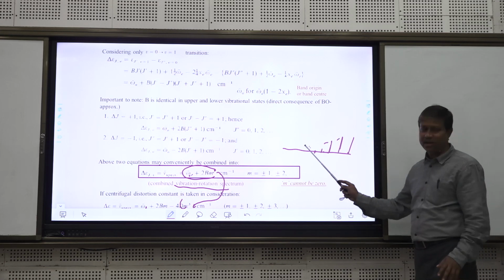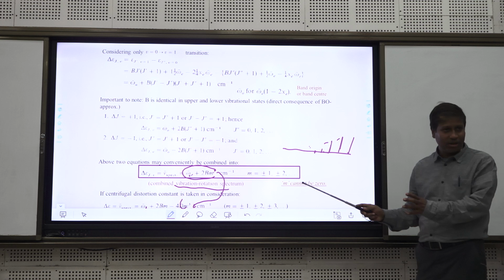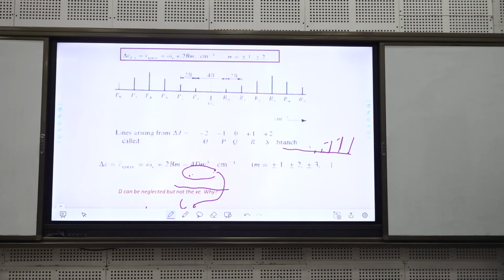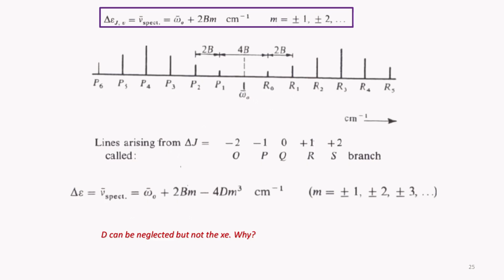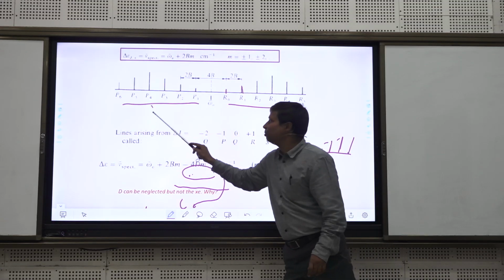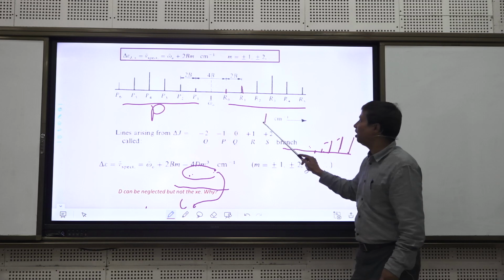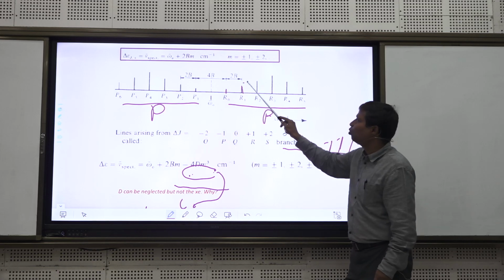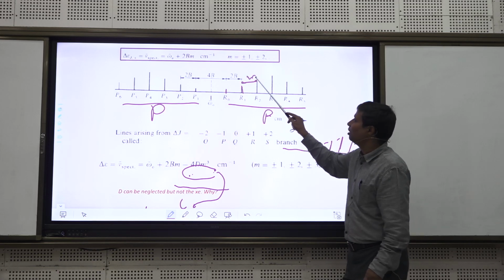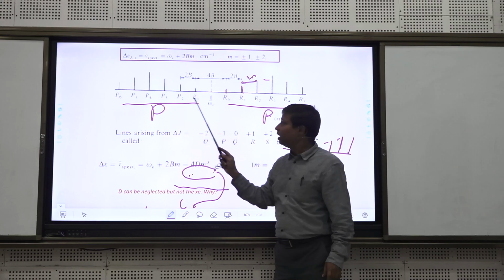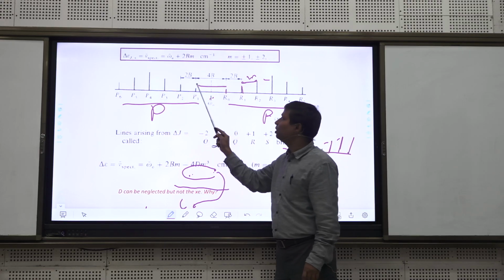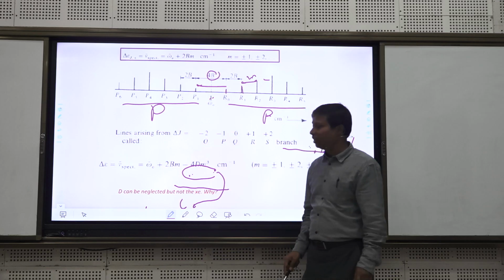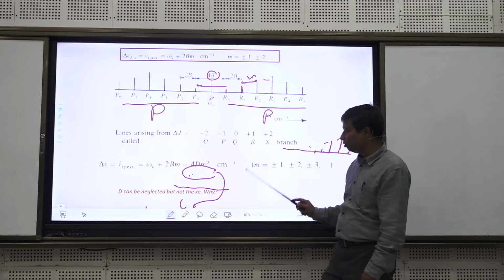That side also, minus, minus, minus, 2B, 2B, 2B. So what we are getting now: this is the R branch, this is the P branch. Every line is equally spaced, 2B, 2B, 2B, 2B. The center is not the same because m cannot be 0, so between these it is 4B. This I have already told you. Okay.